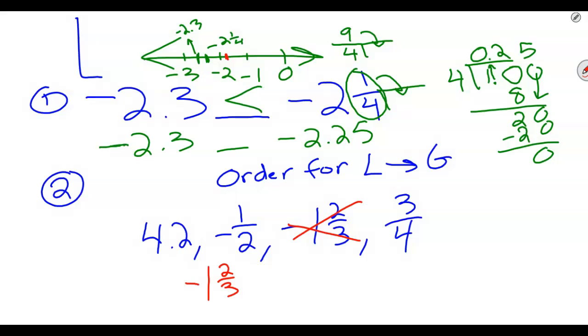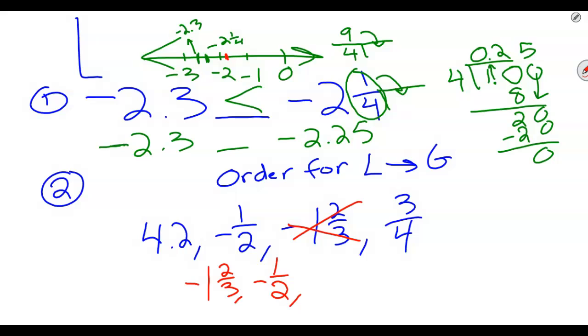Okay, which one's next? And this one is a quick way to determine which one is next. Chris, what is it? 1/2. Not 1/2, I mean, -1/2. Good, -1/2. How do we know quickly that that one is the next number? Look.